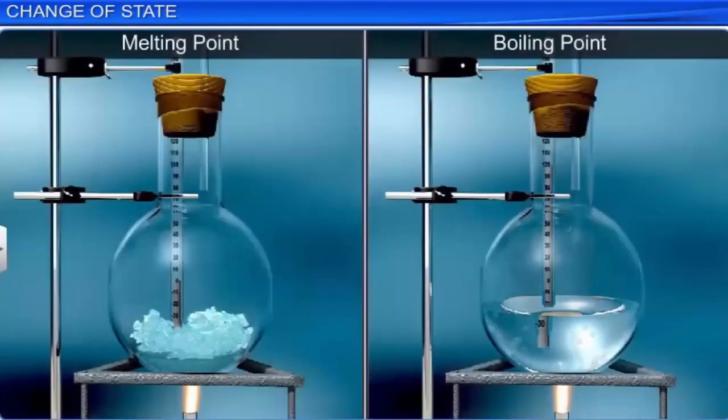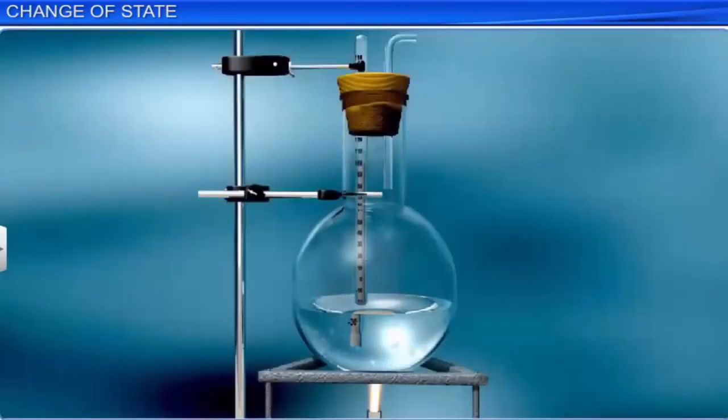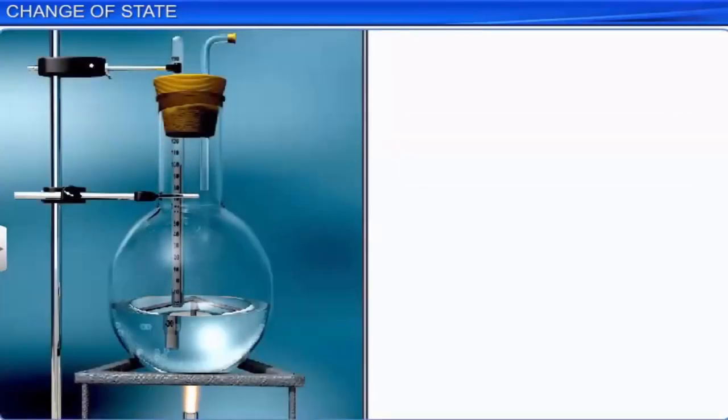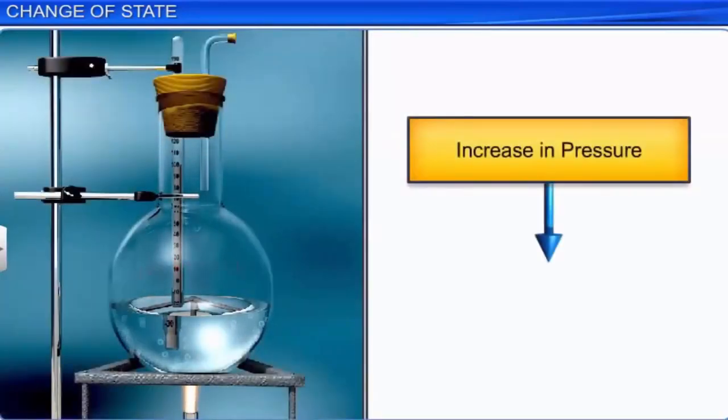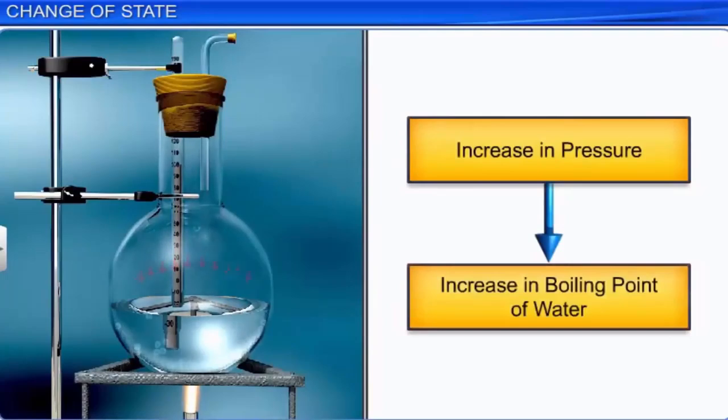The boiling point of water increases with an increase in pressure. To understand this, let us return to the experiment where water was heated in a round-bottomed flask. When the steam outlet is closed, the pressure inside the flask increases, and the boiling point of water also increases.